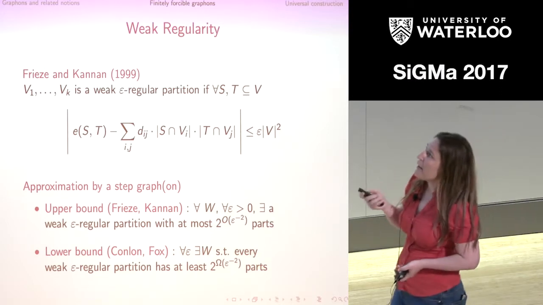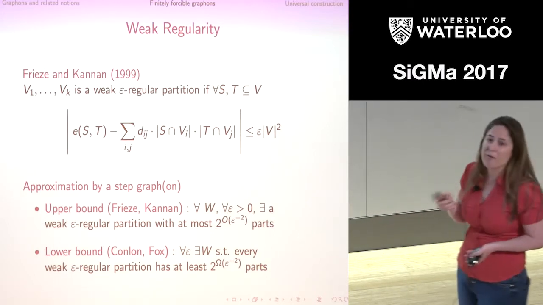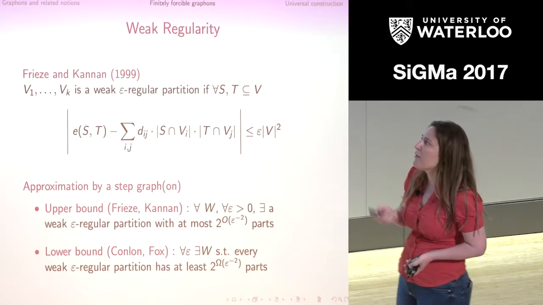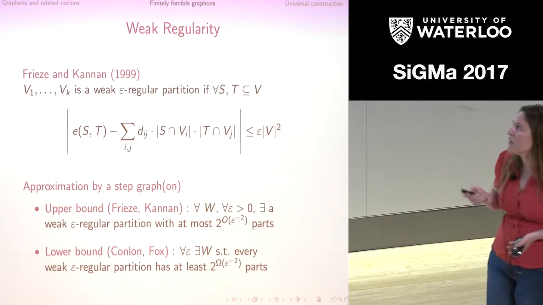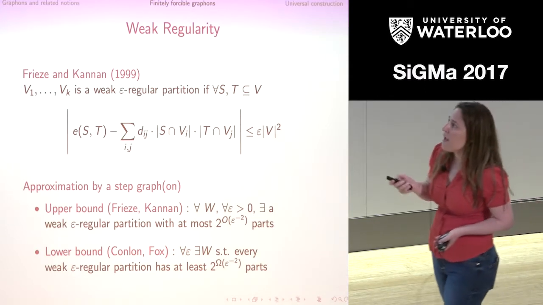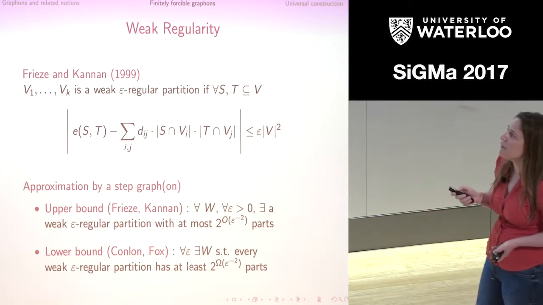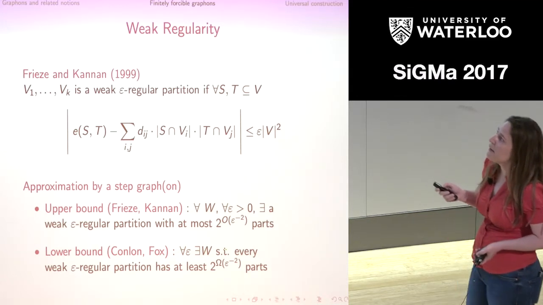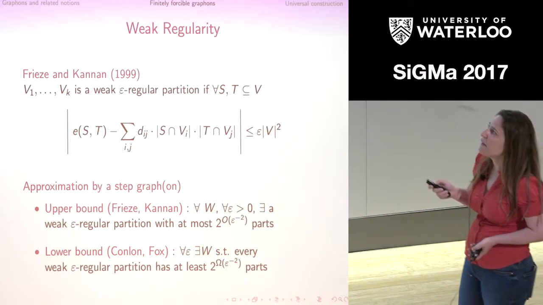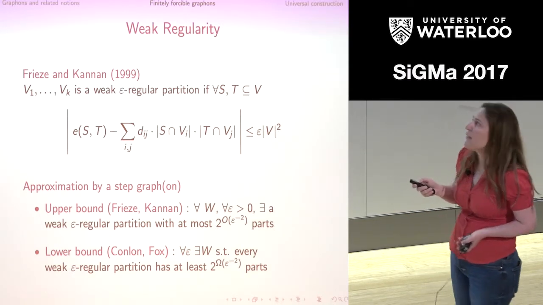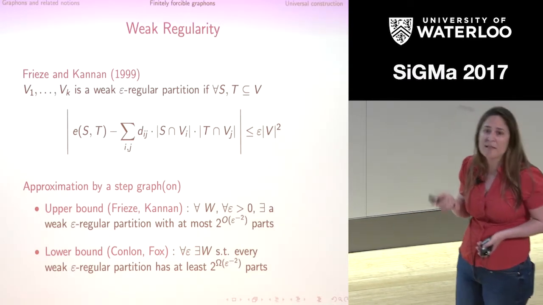We know that every graph and every graphon has a weak epsilon-regular partition with at most this number of parts. The upper bound was given by Frieze and Kannan, and Conlon and Fox also showed that there is always a graph or graphon such that every weak epsilon-regular partition has this many parts. So this is tight.